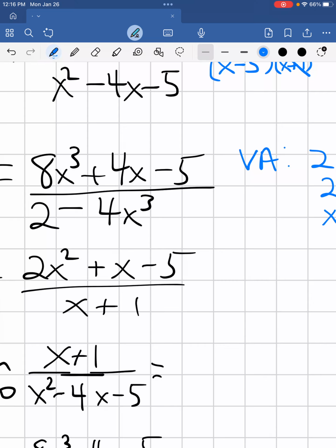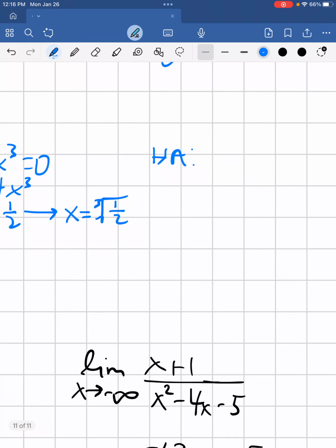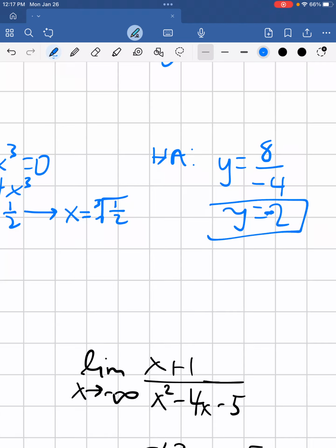So you take the coefficient for the x cubed term on both sides. Top, it's 8. Bottom, it is -4. And we divide them. 8 over -4. So we get a horizontal asymptote at y equals -2. All right, so those are the asymptotes for the second function.